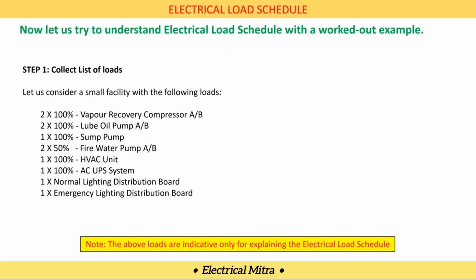For our example, let us consider a small facility with the loads as shown. 2 into 100% vapor recovery compressors, 2 into 100% lube oil pumps, 1 into 100% sump pump, 2 into 50% fire water pumps, 1 into 100% HVAC unit, 1 into 100% AC UPS system, 1 normal lighting DB, 1 emergency lighting DB. In this connection, it may be noted that the loads indicated here are indicative only for explaining the load schedule calculation.